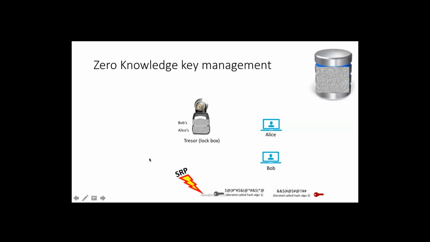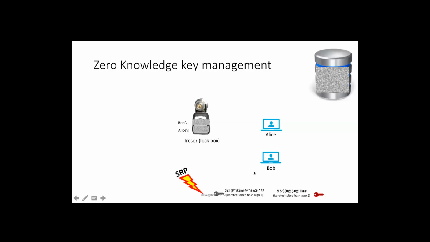You have one large number that we store in our user database, and this is another number that we generate. And SRP tells us whether this number that we have on the server about Bob's password and this other number have been derived from the same password.